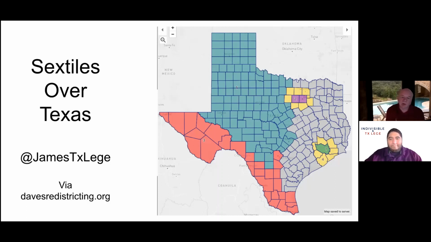It's available for anybody to use at davesredistricting.org. It is an excellent resource. It's mostly so that people, just average people like me, can practice being redistrictors, and so we can draw maps of Texas with 36 or 39 congressional districts, and talk about how we would do it if it were up to us.